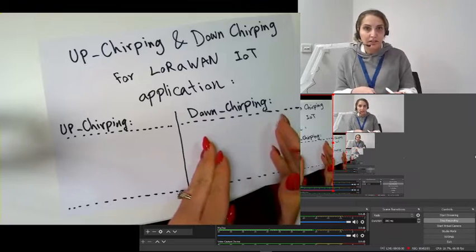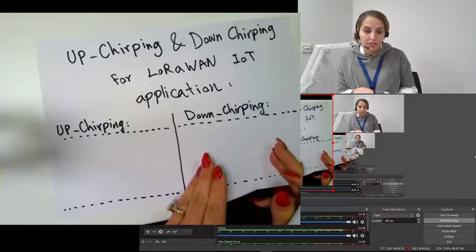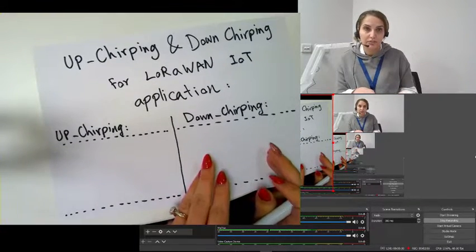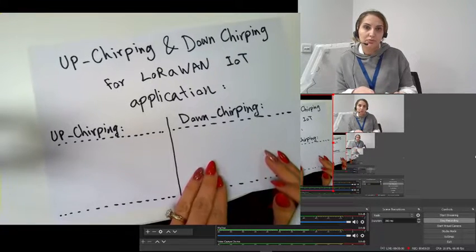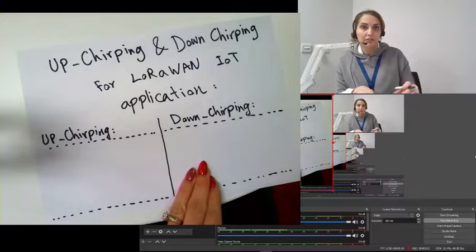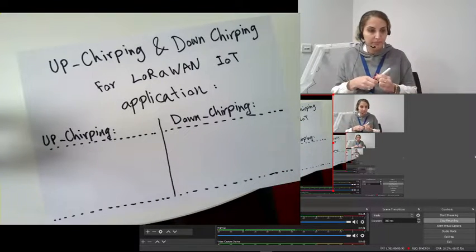And on this side, I'm going to draw a sinusoid that starts with very high frequency and then gradually moves to a sinusoid with same amplitude with a very low frequency.